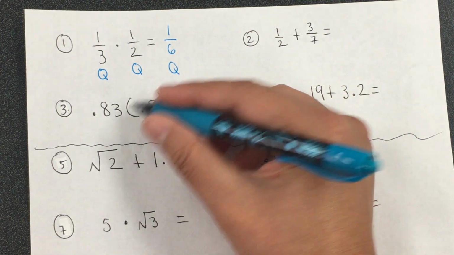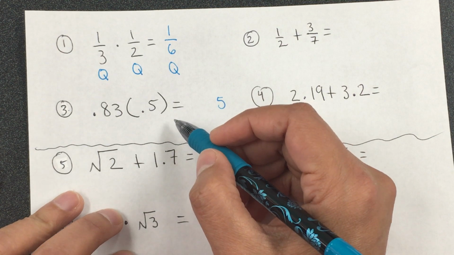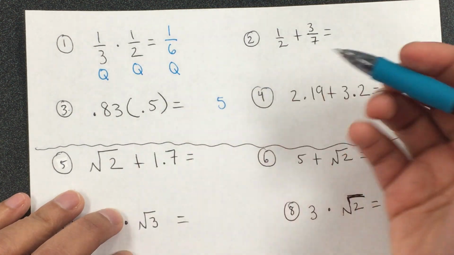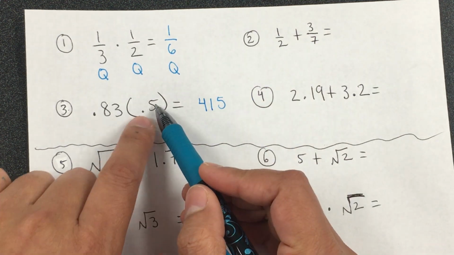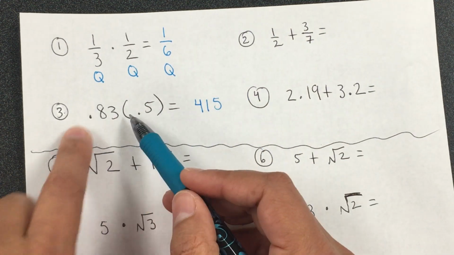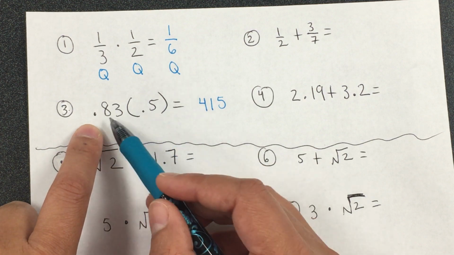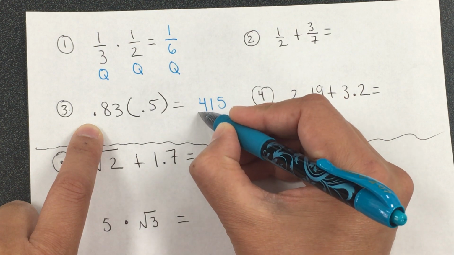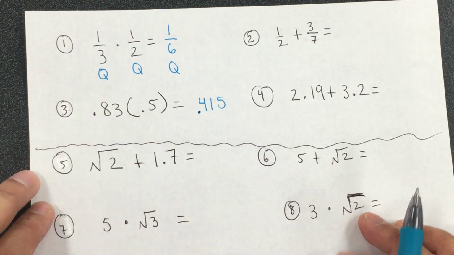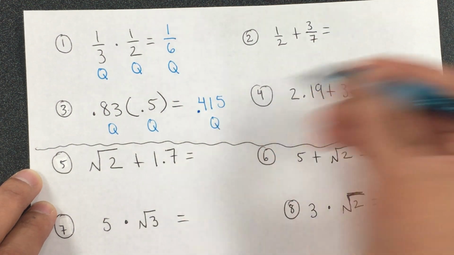So 5 times 3 is 15, carry 1. 5 times 8 is 40, and 1 is 41. I just multiply this times this, and then this times this. I count that after the decimal point there are 1, 2, 3 spaces, so I'm going to go back 1, 2, 3 spaces. So that's rational, and that's rational.